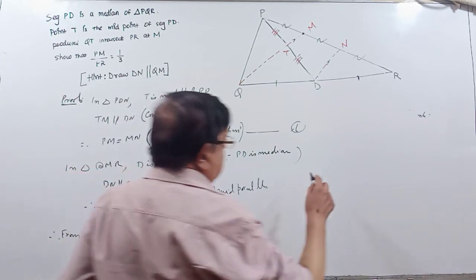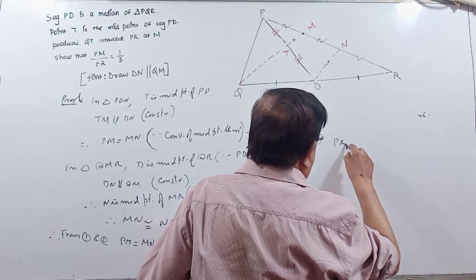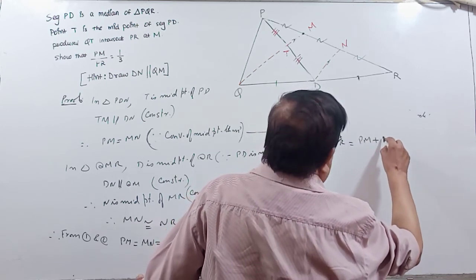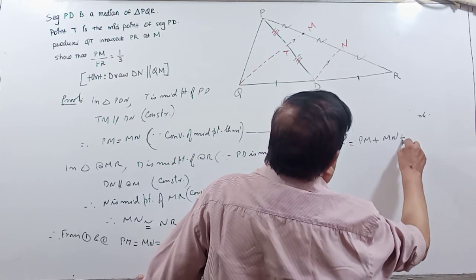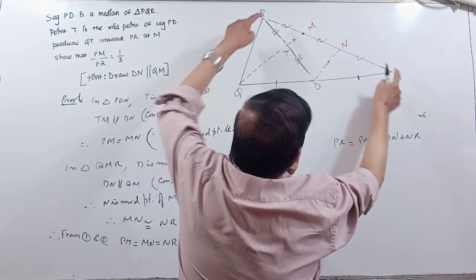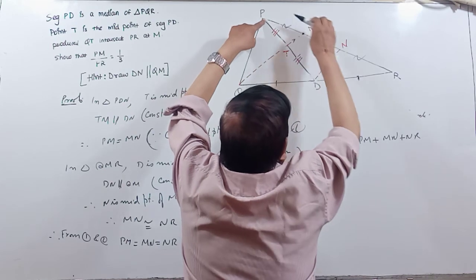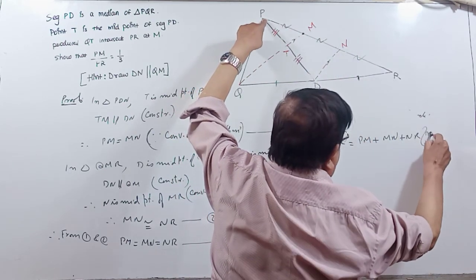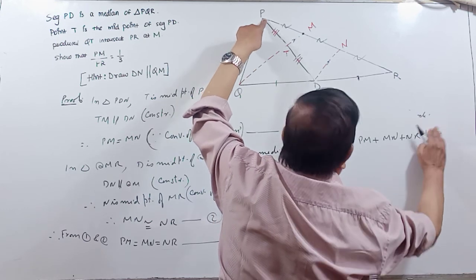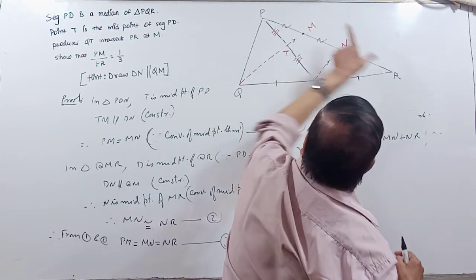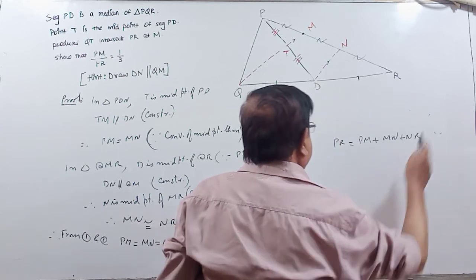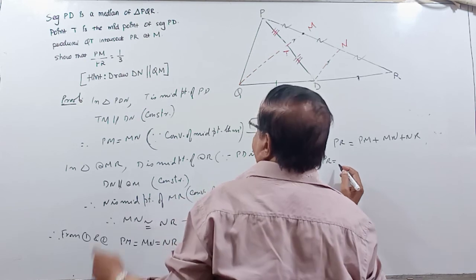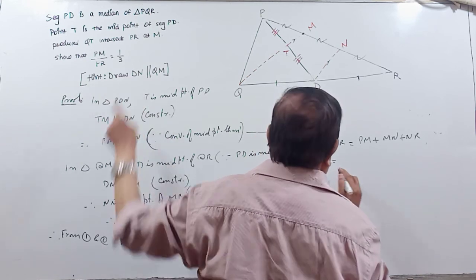Now, PR equal to PM plus MN plus NR. हमको क्या प्रूव करना है?